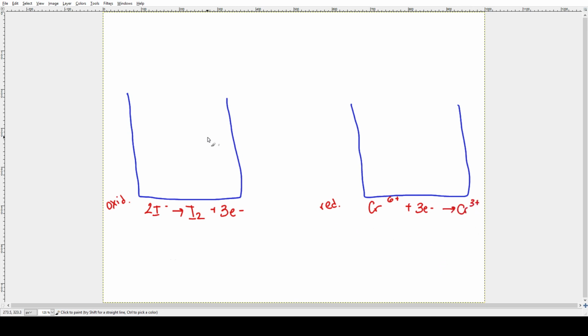All right. What else? I want to label the anode and the cathode. Well, I need to get my strips in here. So there's this one, and here's that one. I want them to be connected by a wire.